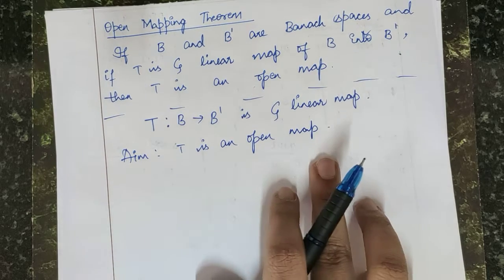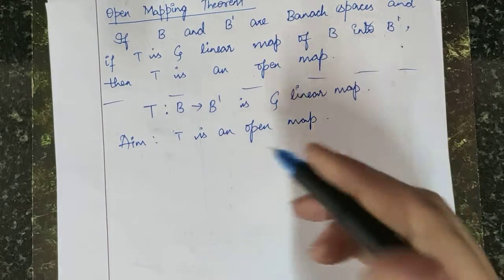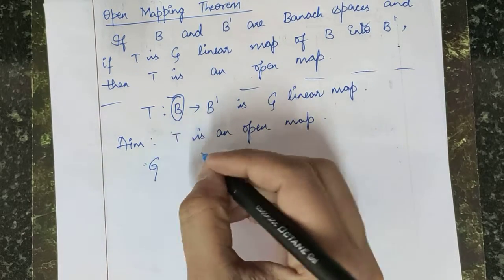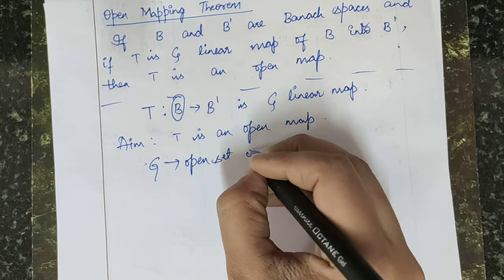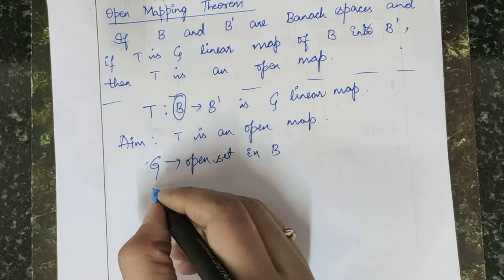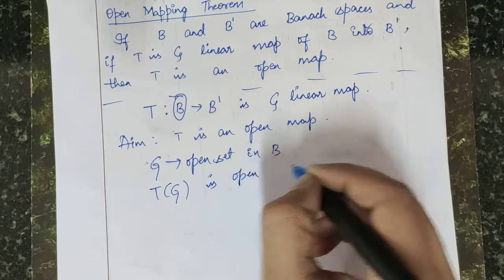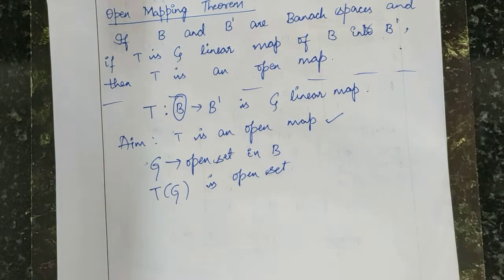In order to prove T is an open map, first I will consider one open set in B, say G. Let us consider G as an open set in B. If I prove T of G is open, then that is sufficient to say that T is an open map.